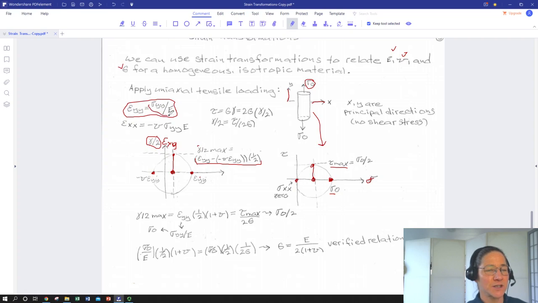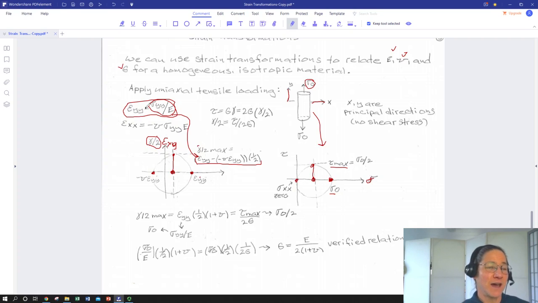So this relationship, we can drop that in anywhere we see EYY. Our second principal strain is related to our first by Poisson's ratio, just like it was in our previous example.